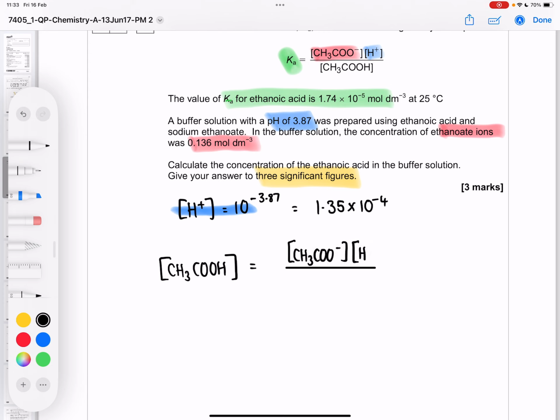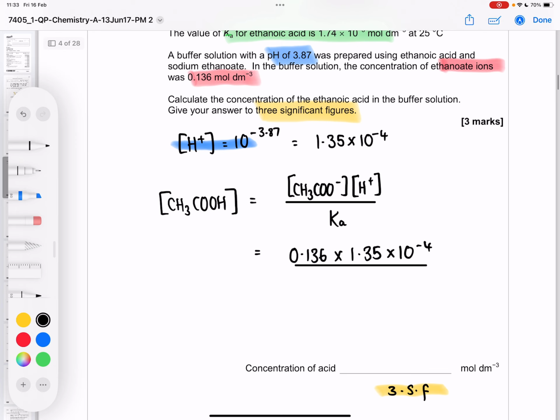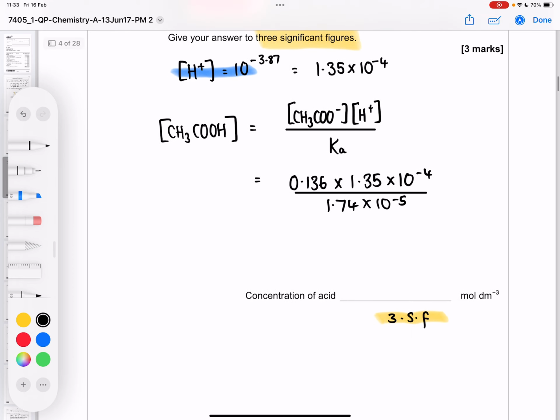And because this is a buffer, everybody gets their own number, so I'm going to put the numbers in. 0.136 times the number off my calculator for the H+, divided by the Ka value, 1.74 times 10 to the minus 5. If you do all of that on your calculator, you should get 1.05 when you give that to 3 significant figures.